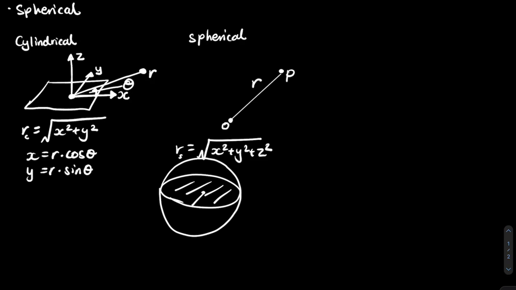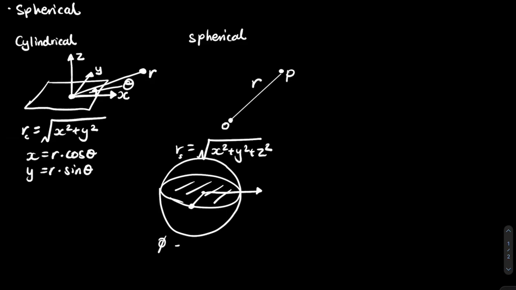This plane right here. The angle between the x-axis and wherever this point is, phi. Now this is actually kind of the same as this angle theta right here, but typically it's called phi, and that's the azimuth angle.